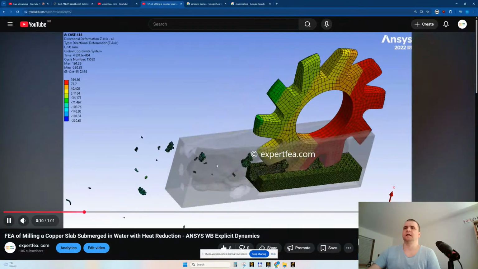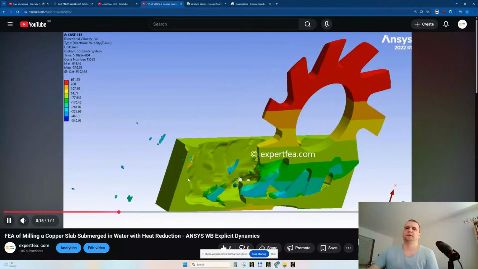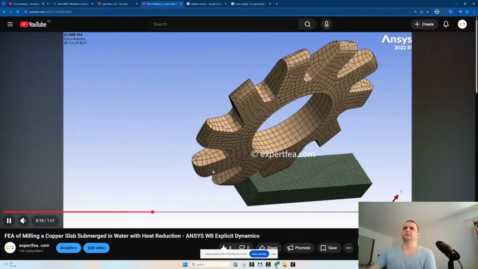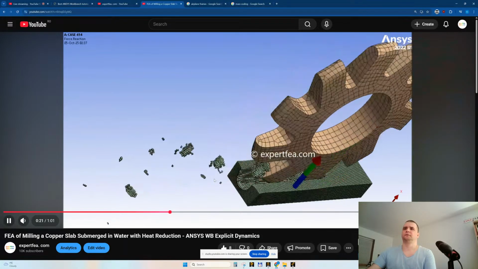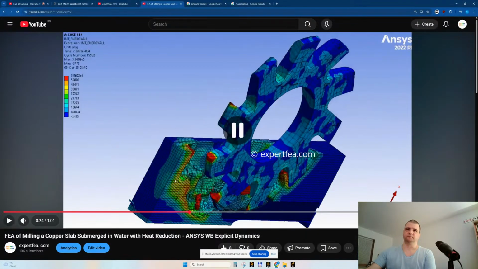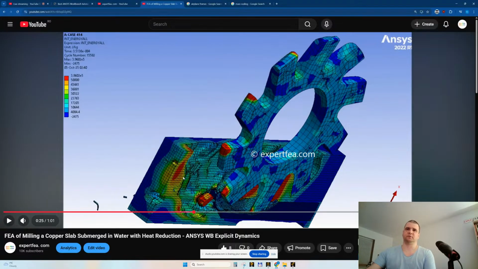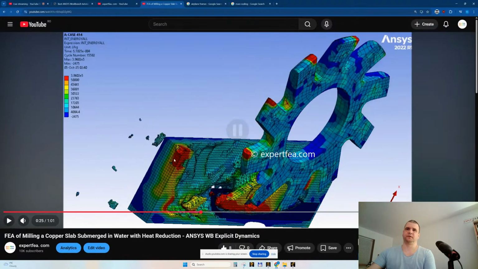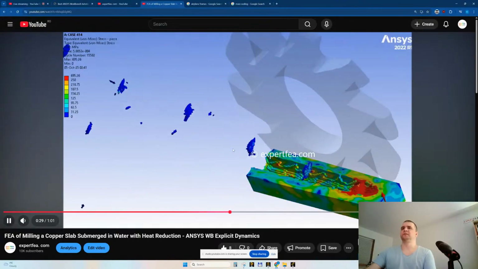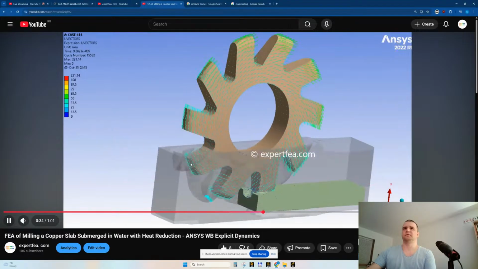Look here, the metallic chips, you can see how they interact with the water. They create small cavities. Here, pay attention, they created cavities in the water. It was a very complex simulation, and it is a very complex simulation.